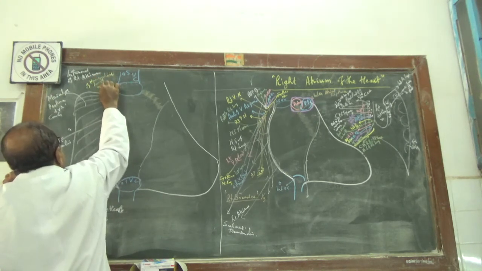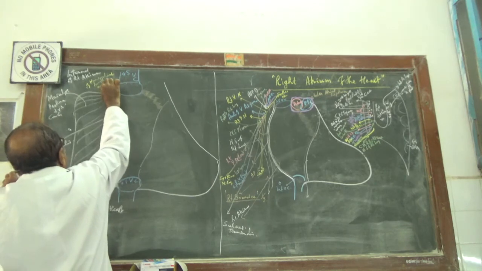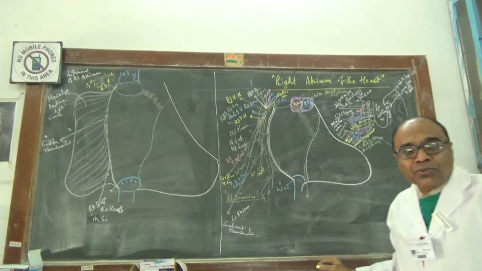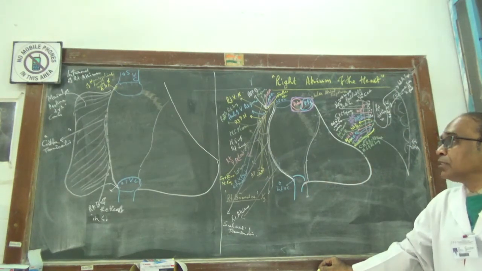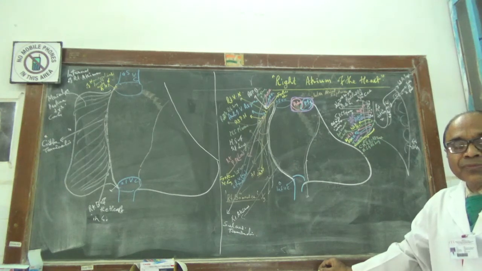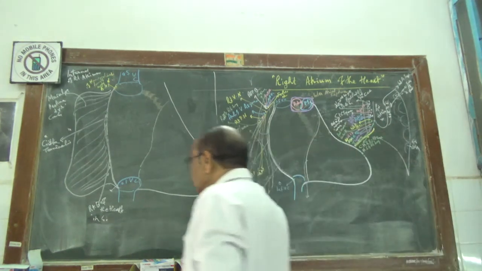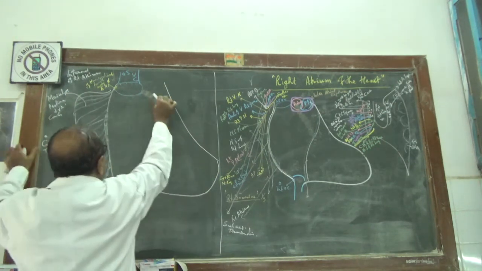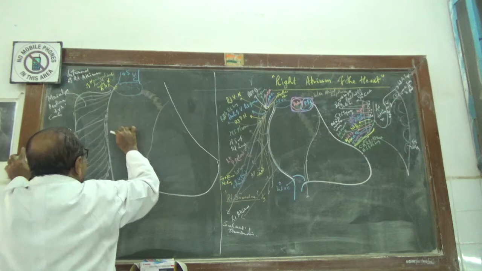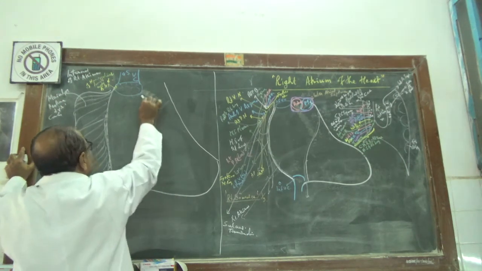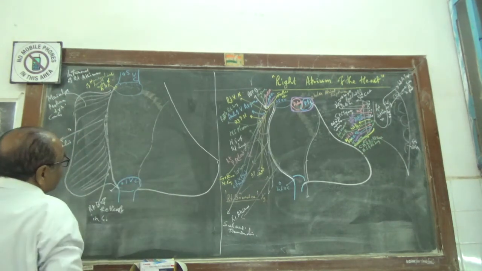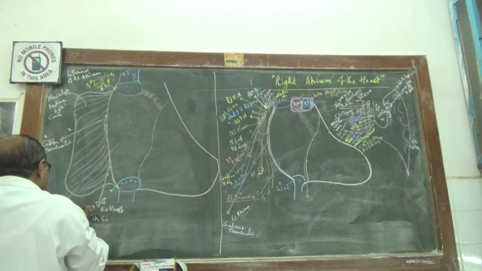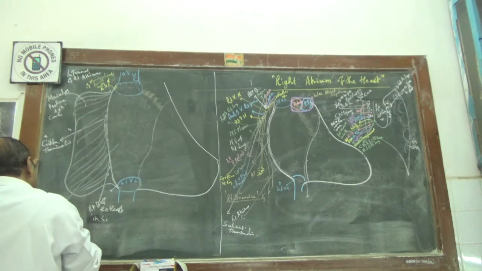Those are called the sino-atrial nodes. Now after this, there is the posterior part of the right atrium, which is smooth but uneven.